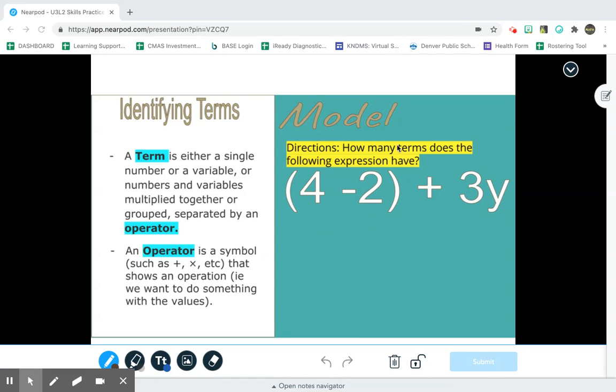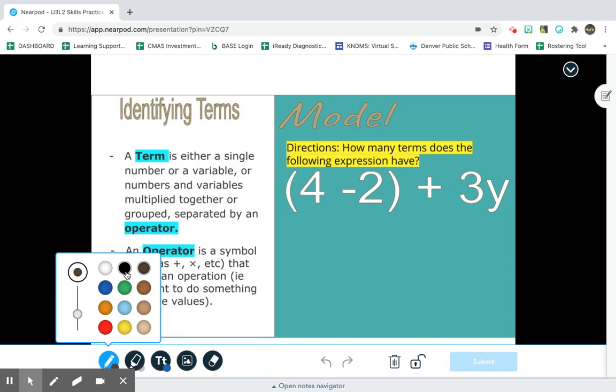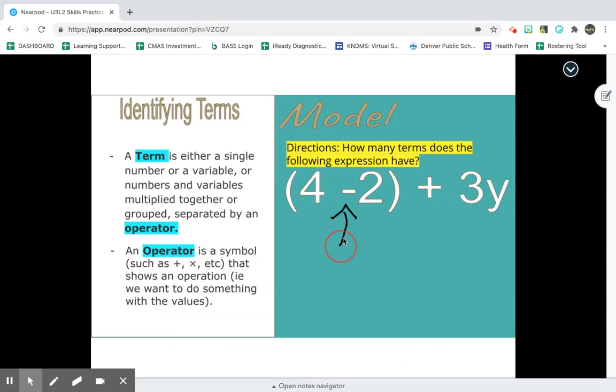All right, so we want to identify how many terms are in this expression: parentheses 4 minus 2, parentheses, plus 3y. First thing, I want to identify the operator. And the one thing we may notice is that there are technically two operators that I see. I see this minus sign here. I see this plus sign here.